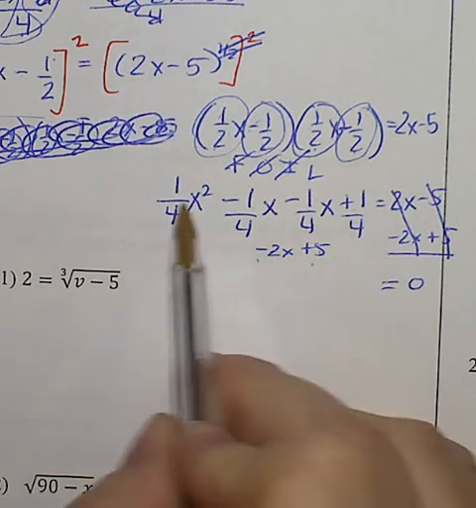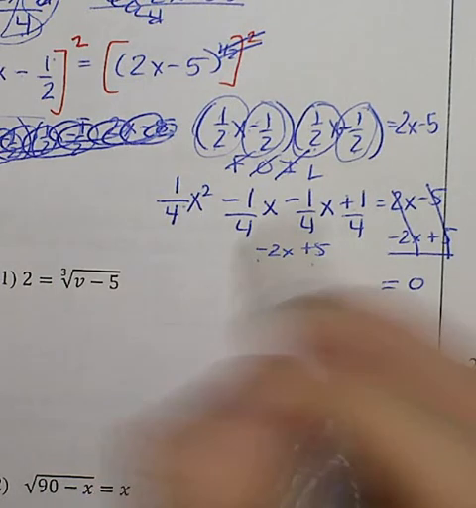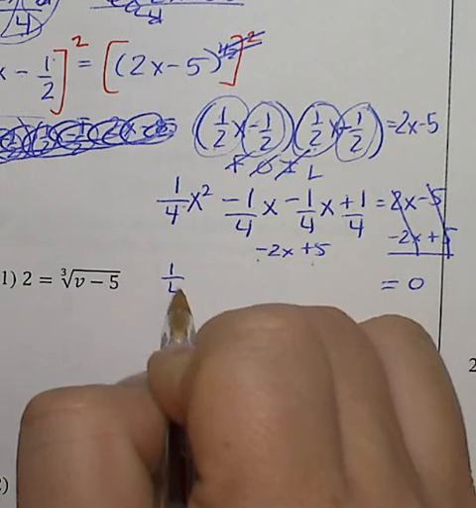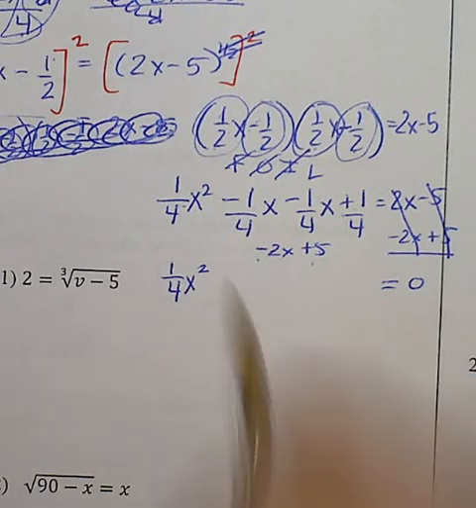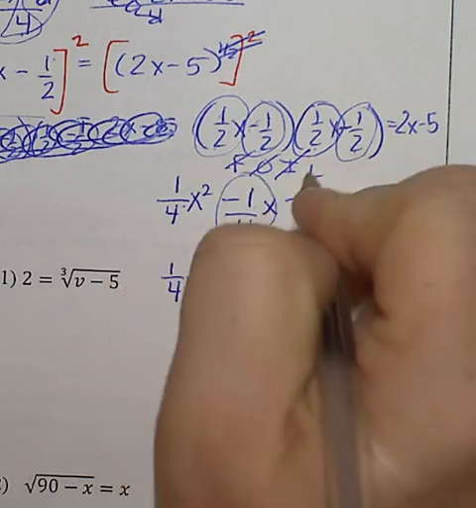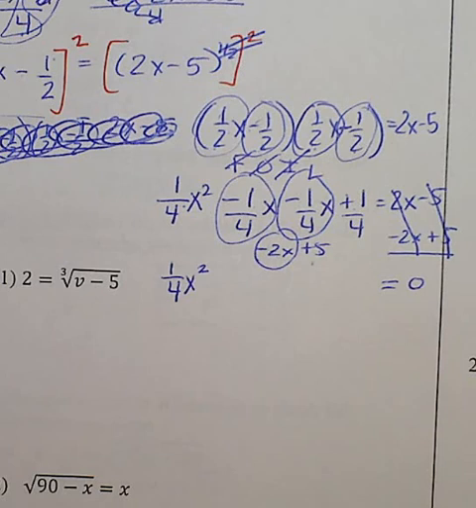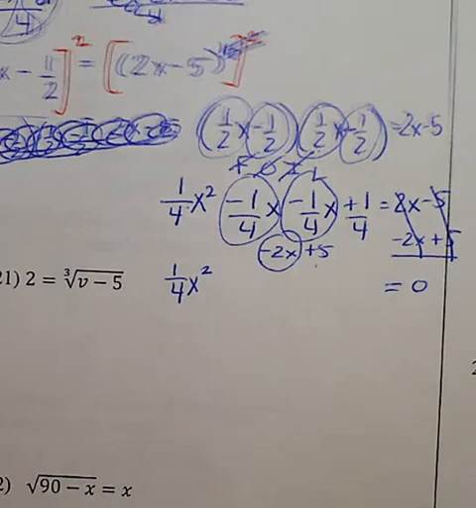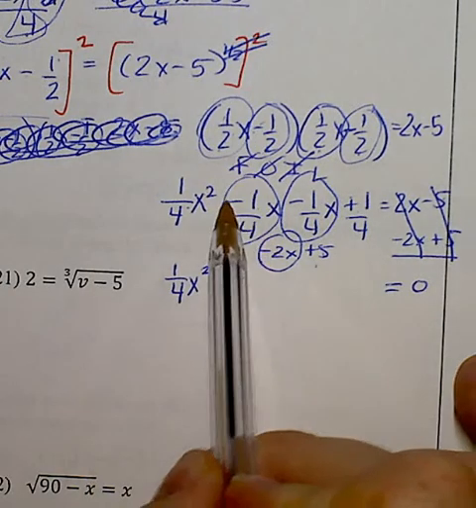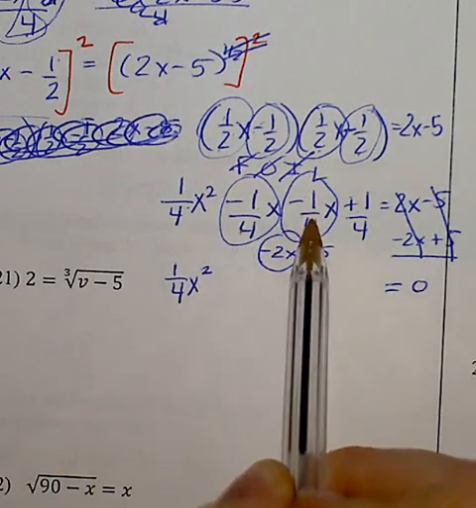The only term out of these 6 that contains an x squared is 1/4, so 1/4 x squared. There are 3 terms that have simply an x. If you don't mind combining them in your head or on paper, feel free to do that. I'm going to use the calculator. So in parentheses, I'm going to type in -1/4 plus -1/4 plus -2.